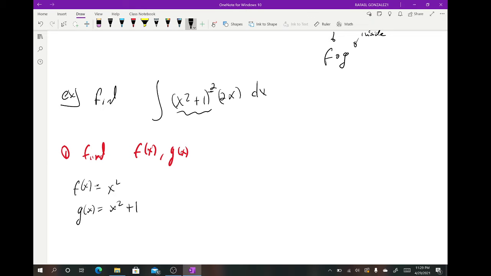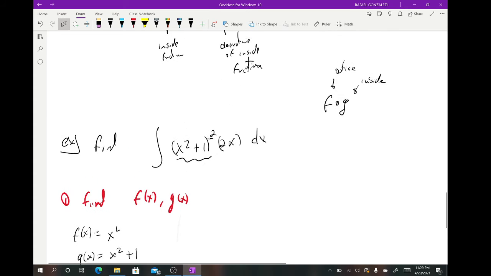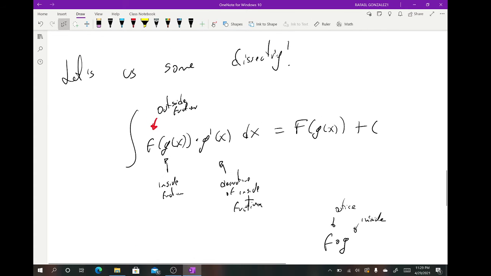This is something that in pre-calculus, there's a lot of emphasis put on identifying composition of functions. So I expect that you know how to do this. Now that we have g of x and f of x from this definition, we only need to find what g prime is.